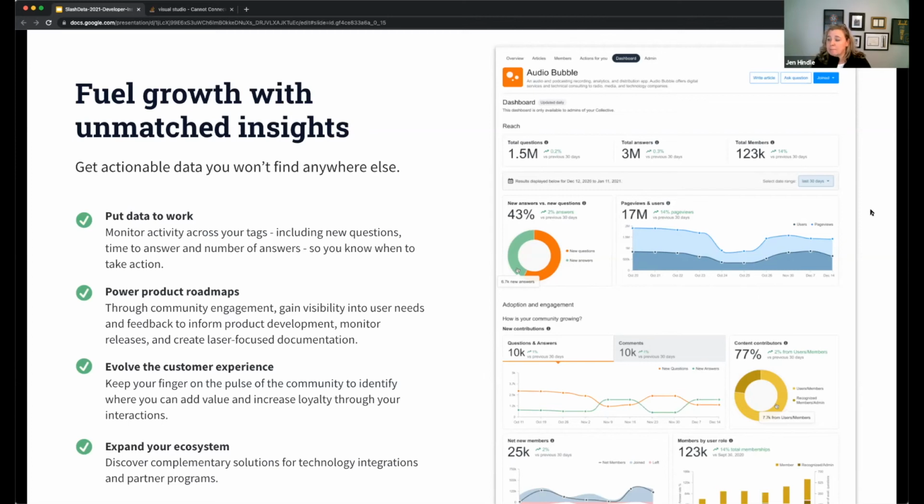As either a recognized member or an admin of a collective on Stack Overflow, you can go to your dashboard and it will tell you exactly what actions you need to take to provide the greatest benefit to your community. So it could be unanswered questions, questions that need a recommended answer, that sort of thing. So it really helps provide that knowledge and fuel the knowledge and collaboration that's happening on the platform.